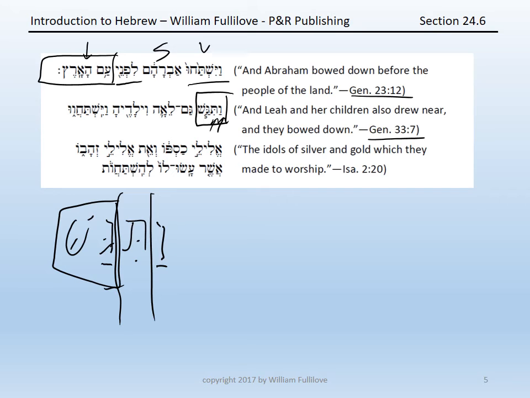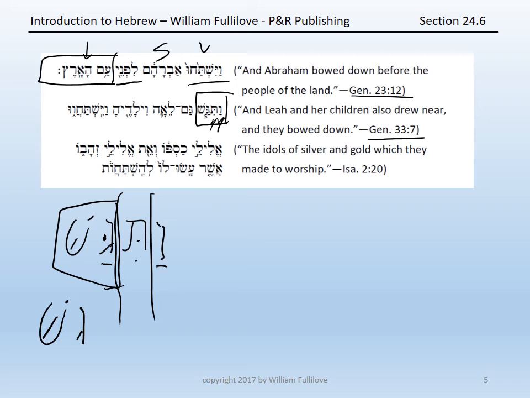We then have to decide, is this a third he or is this some other cause? Now notice in this case that the accent remains on the last syllable, indicating that we are not dealing with a third he verb, but instead we are dealing with a root that has gimel shin and one other letter.